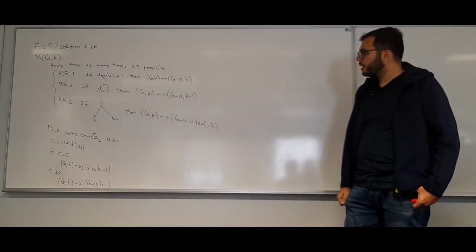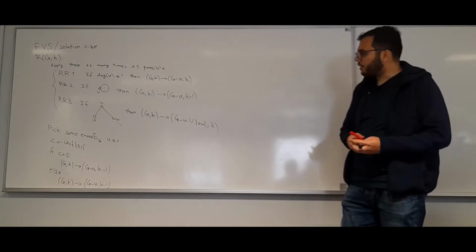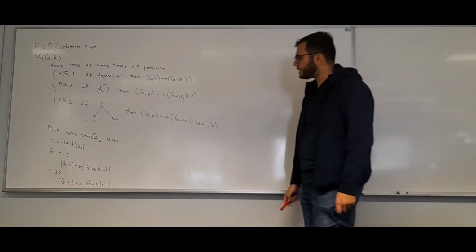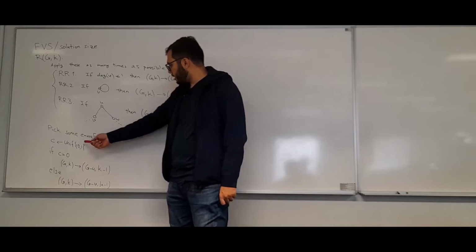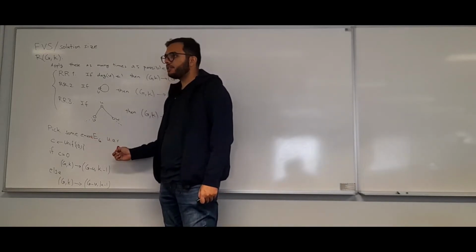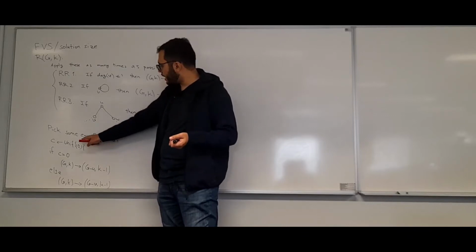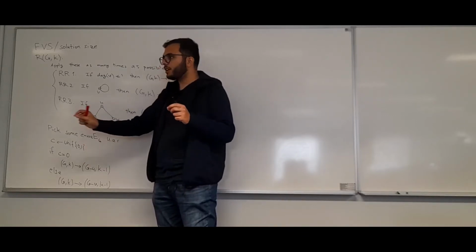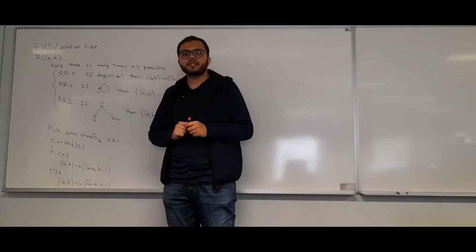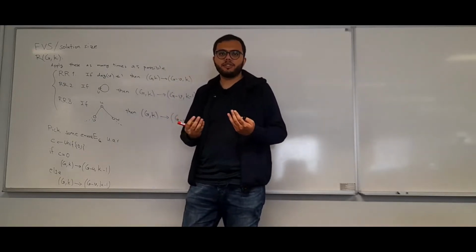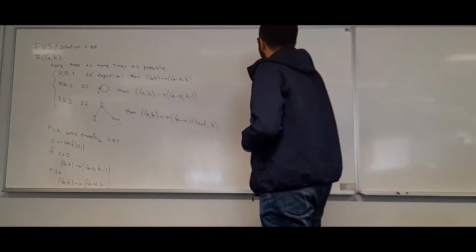Okay. So here's the thing. I want to prove a lemma that says if I pick this edge here uniformly at random, then the probability that I actually have an edge that is connected to my feedback vertex set is going to be at least a half. So this is what I want to say.